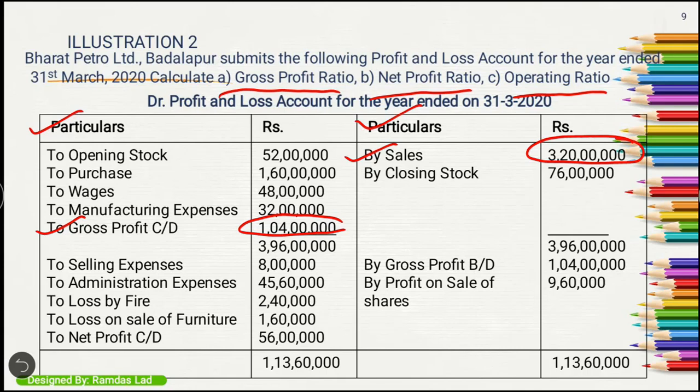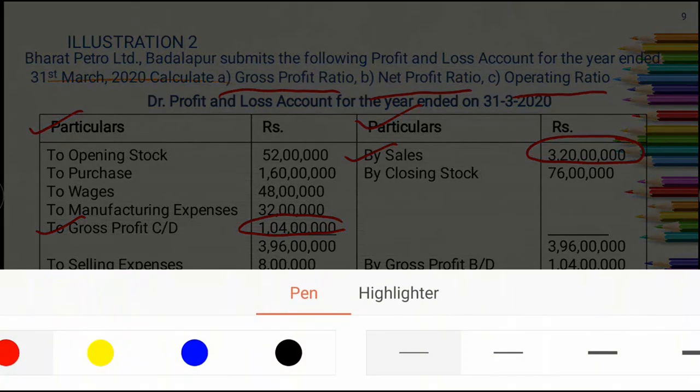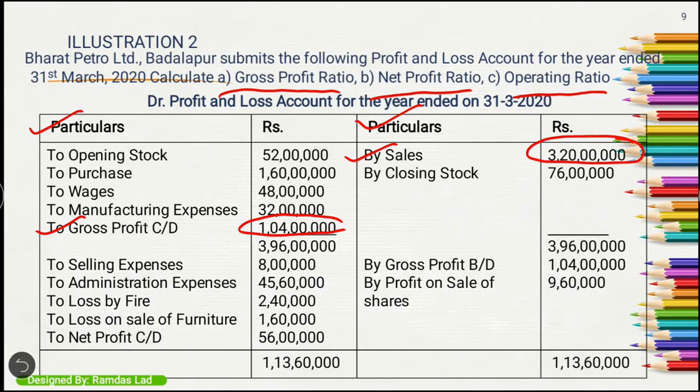Now the net profit ratio. How to calculate net profit ratio? Net profit ratio is equal to net profit divided by sales into 100. So where is the net profit? In the profit and loss account, net profit is given 56 lakh, and sales is again the same, 3 crore 20 lakh.